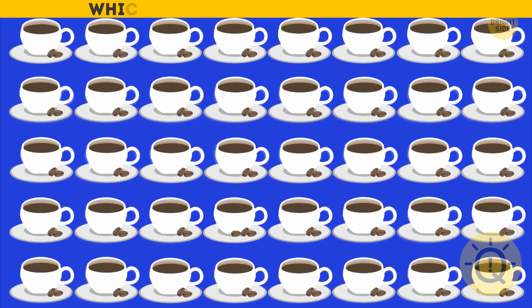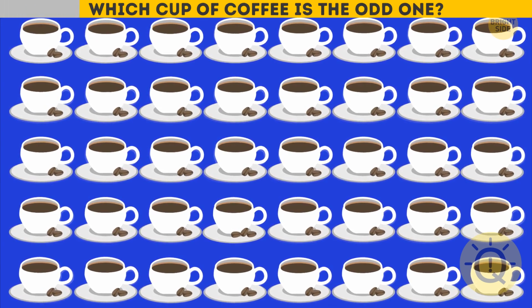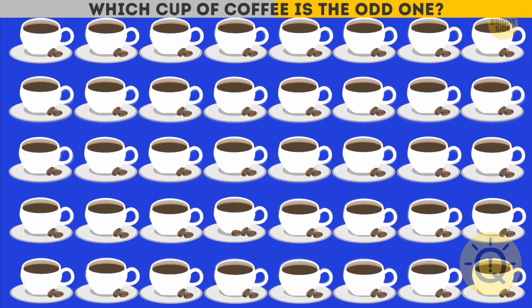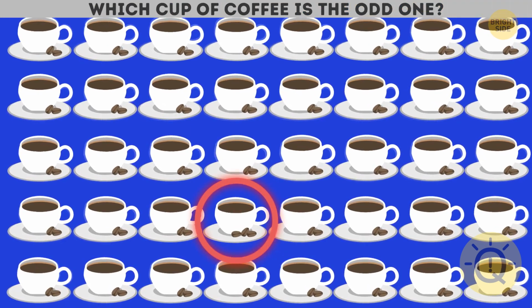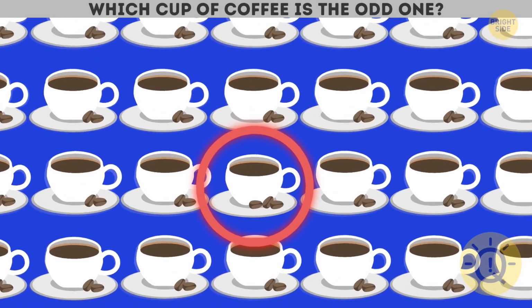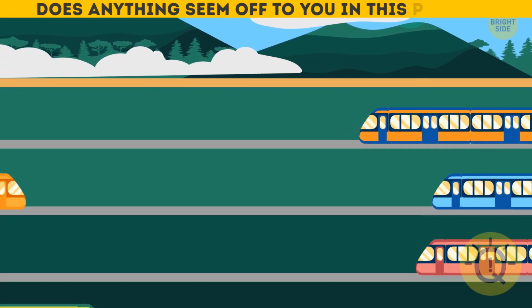Number 25. Which cup of coffee is the odd one? I see. It's the one with 3 coffee beans. Number 26. Does anything seem off to you in this picture?